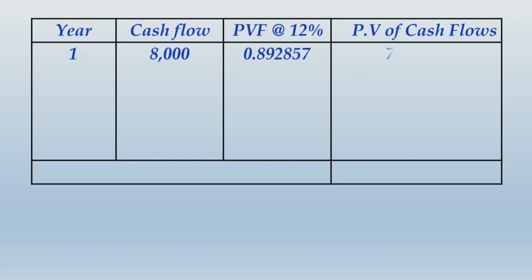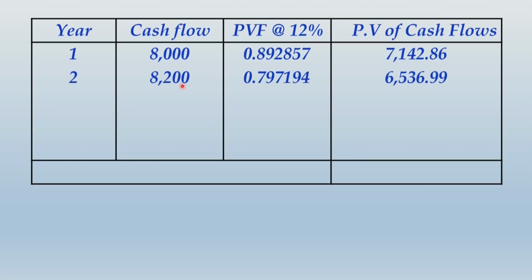Let me help you with the solution over here. You plot a table. For each year you identify cash inflow along with its discount factor and multiply the discount factor to its cash flow amount, and you get the present value of that cash flow or the discounted cash flow. Every year cash flow is supposed to be $200 more than the previous year cash flow.